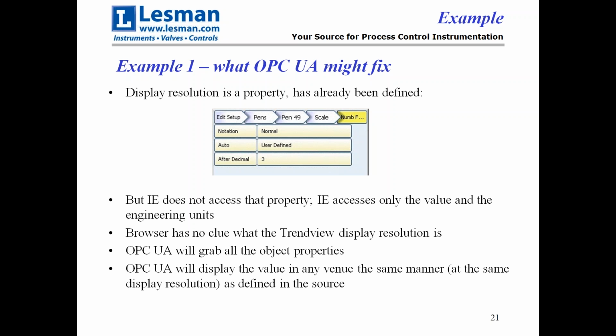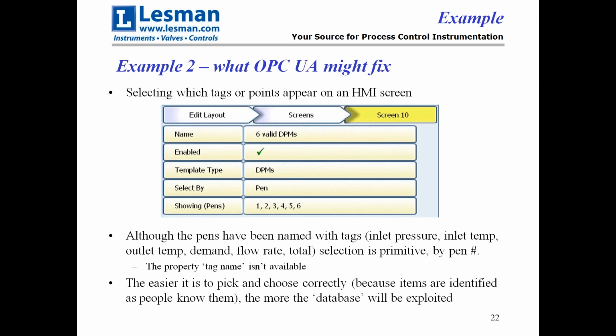So it shows you the thing in the full resolution of floating point, which is, for all practical purposes, for the DPs, unusable. The people in the plant can't read that kind of thing. Now, what OPC UA is going to bring to the party is it's going to look at this part up here, which is the property, and it's going to display the value the way people want to see it displayed.